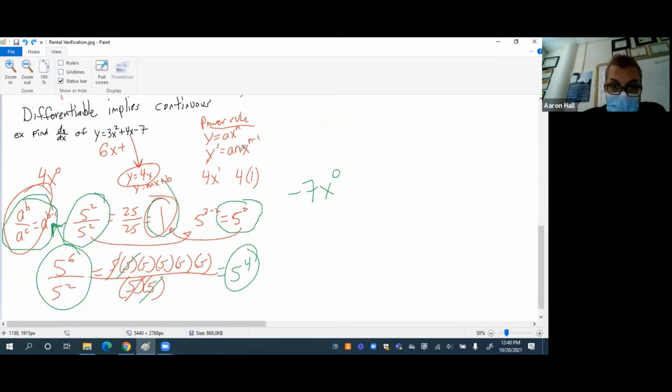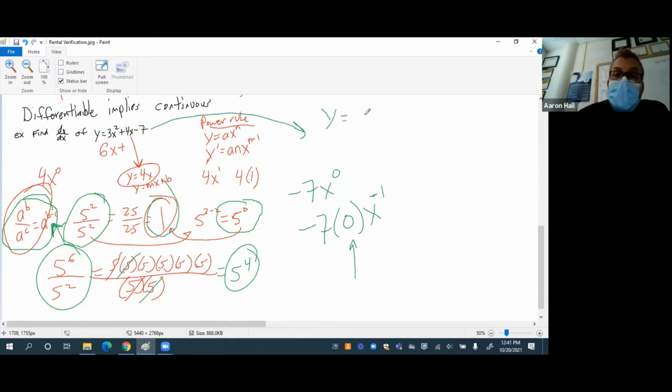What's my a value? -7. What's my n value? 0. So I have -7 times 0 times x to the power of, we need to subtract 1 from our exponent, so that's 0 minus 1, which is -1. But because this is multiplying by 0, then it's just 0.